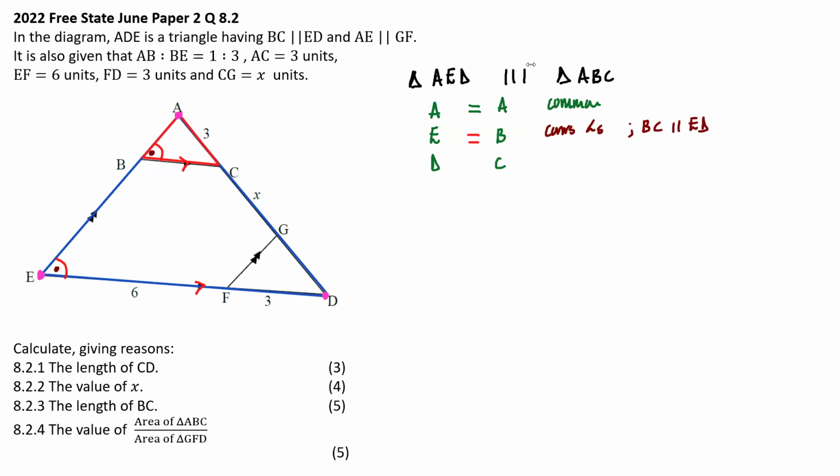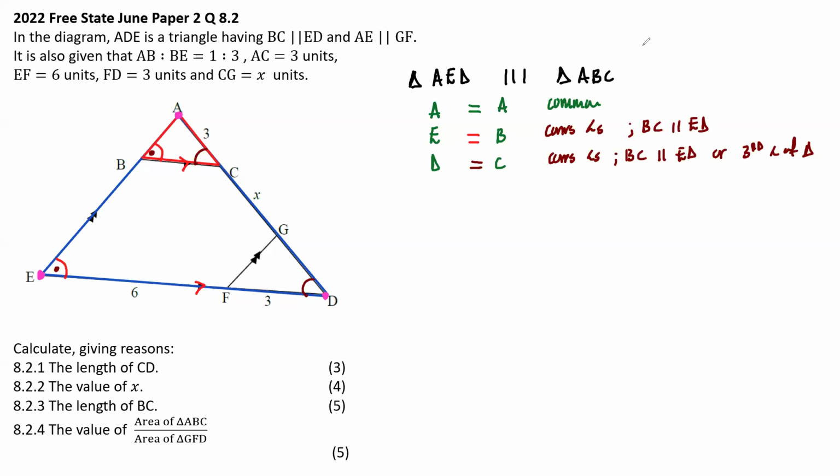Okay, how about D and E and C rather? Why are they equal? Same idea. C and D are equal because they are also corresponding angles. Or you could have said third angle of a triangle if you want. But I'm just showing you that by looking at the diagram, it is clear that they are similar. Very similar. Third angle of a triangle.